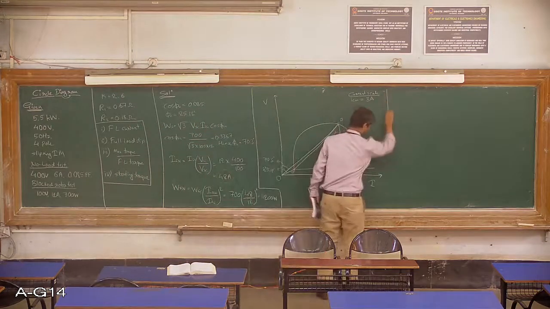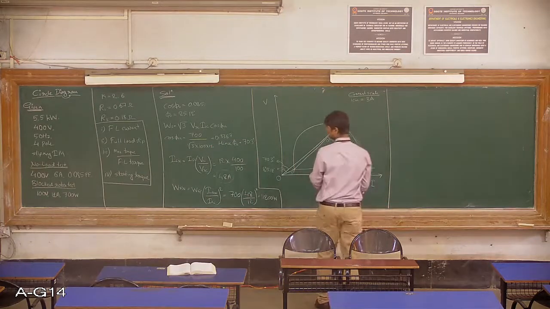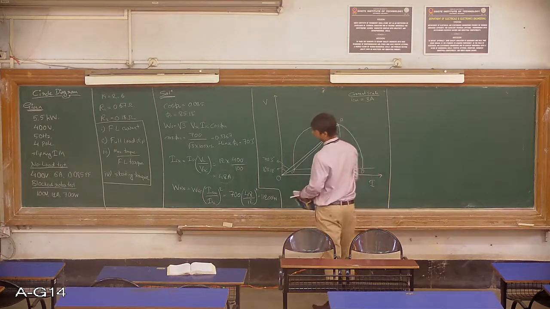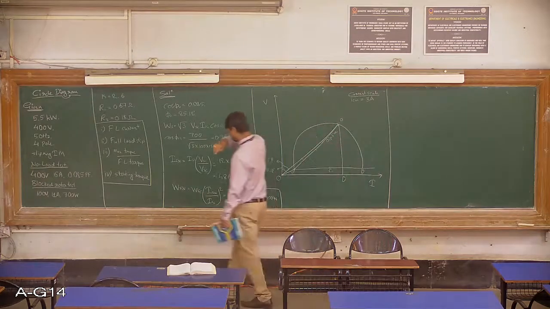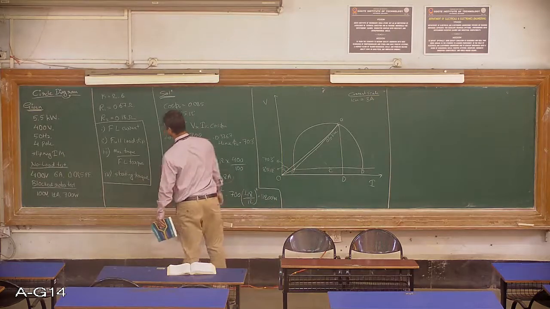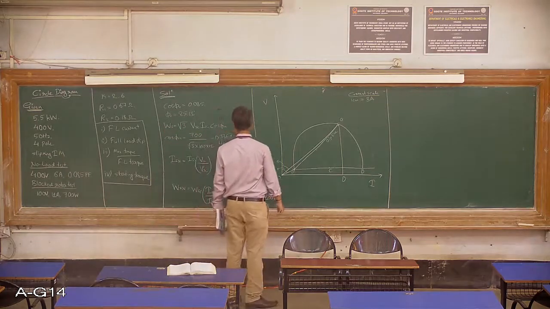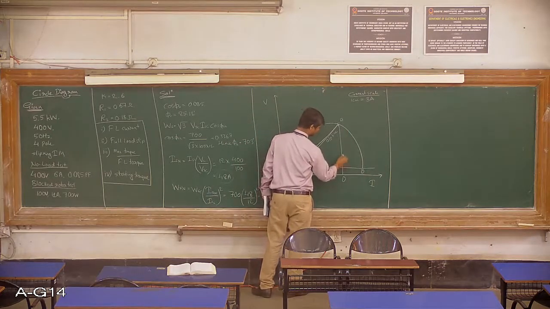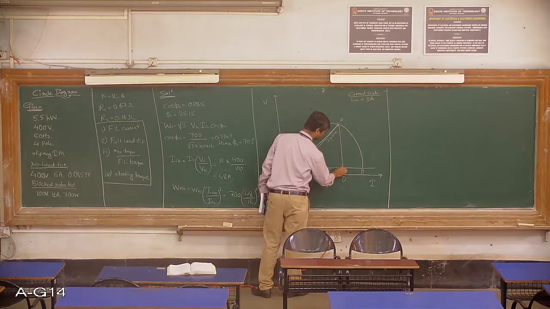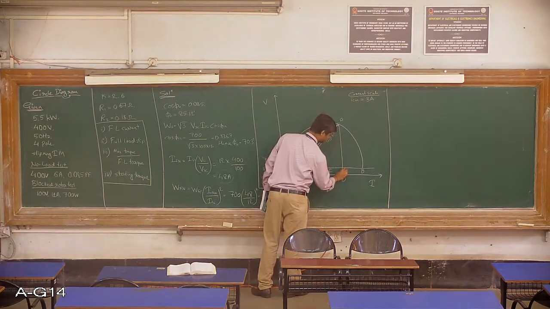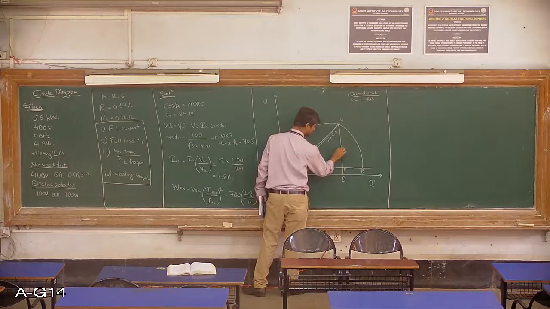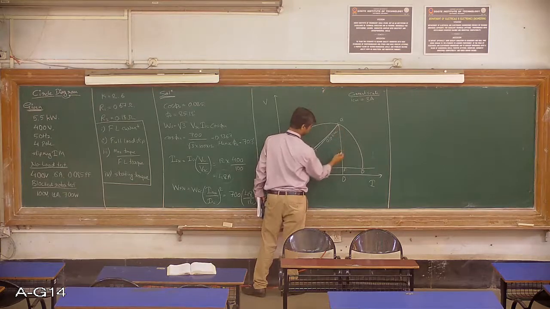Now here, to get this maximum torque to full load torque ratio, I should mark the point E on this line, and I'll name this other point as point F. Now I should mark E on this AF line.